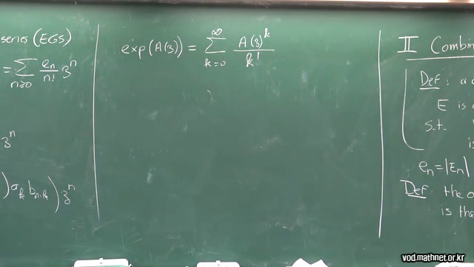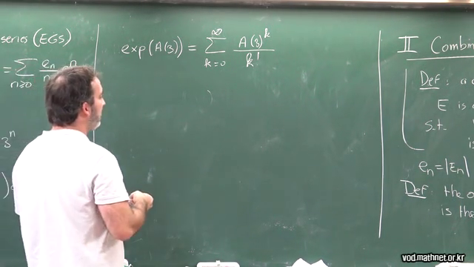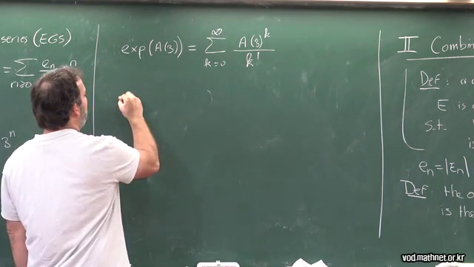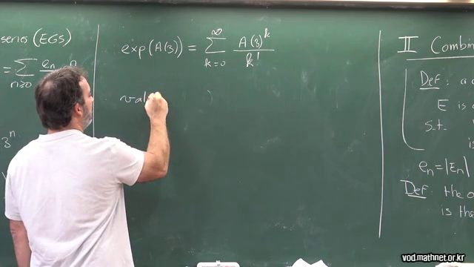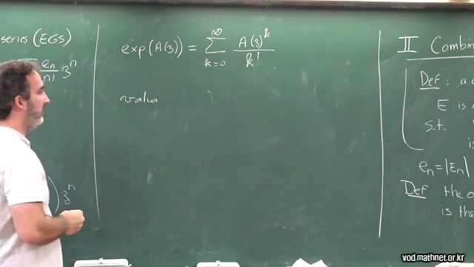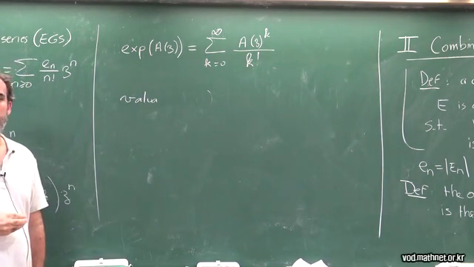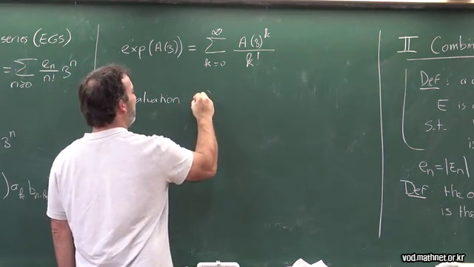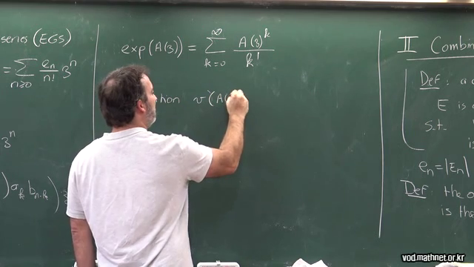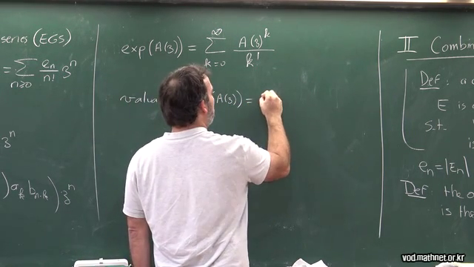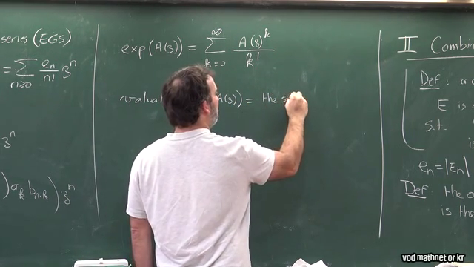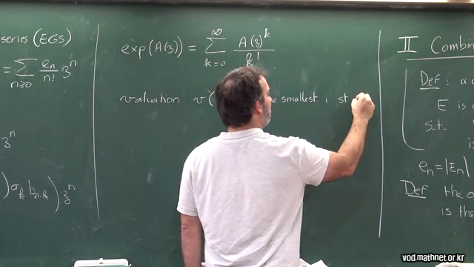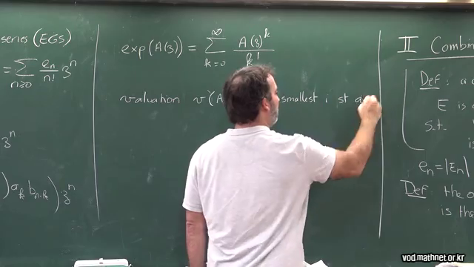Okay, I will not do everything, but the idea is to say that the valuation, I don't know if I have to take time on this, it's okay? Okay. The valuation of A is the smallest i such that a_i is not 0.